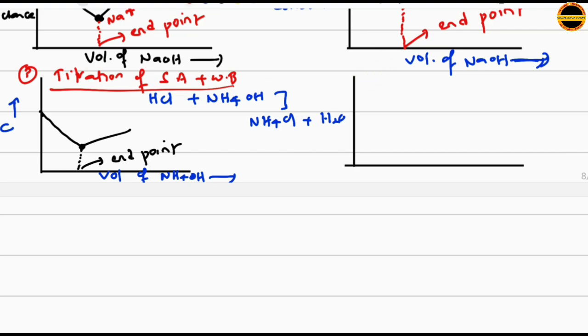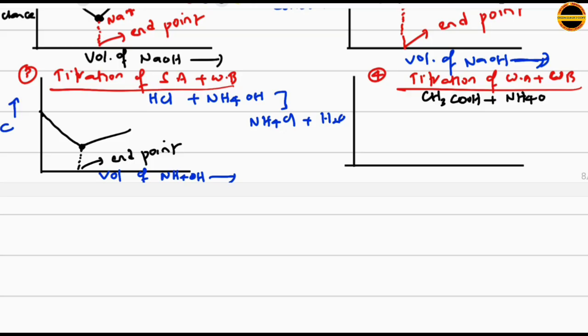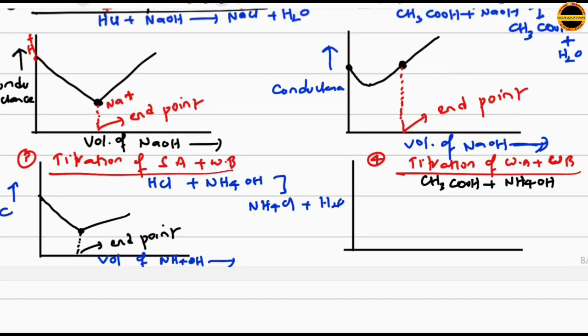And next, coming to the fourth type, which is titration of weak acid and weak base. Weak acid plus weak base. Fourth one. You take an example, weak acid, weak base, CH3COOH plus NH4OH.